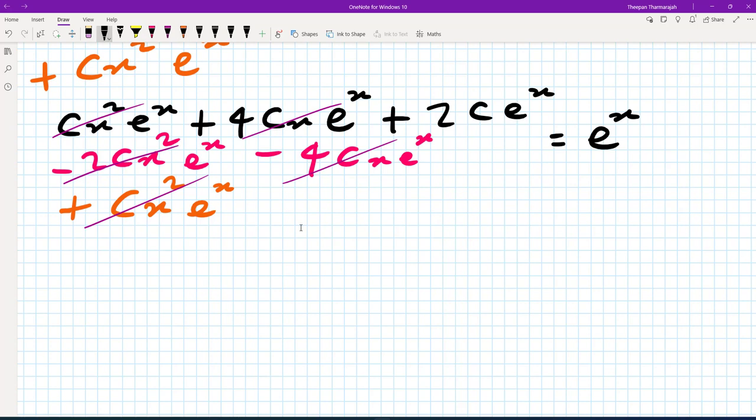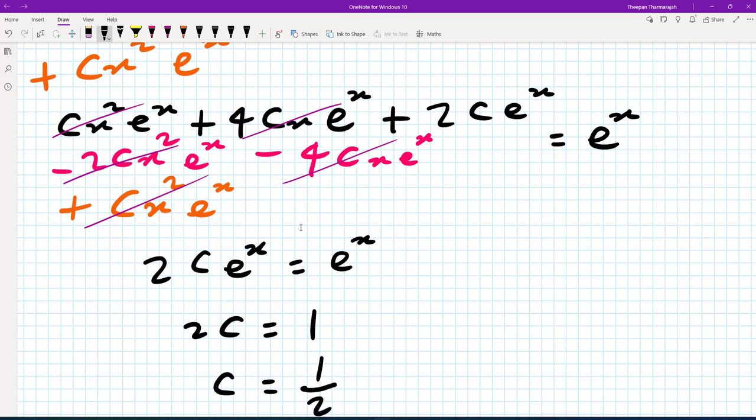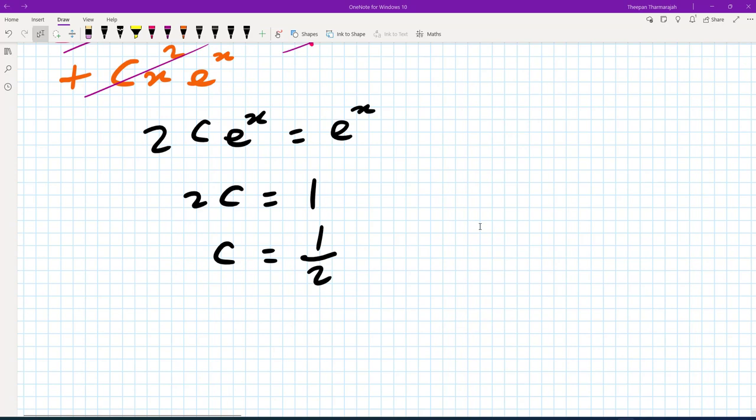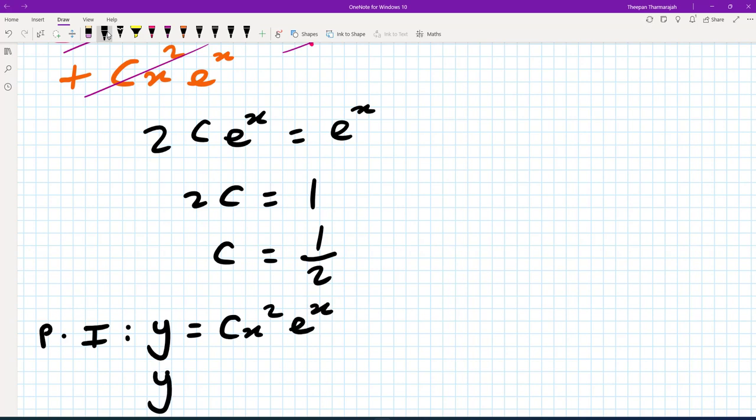So what we end up with is 2c e to the x is equal to e to the x. 2c equals 1, therefore c is going to be a half. So we could write our particular integral as y equals cx squared e to the x, meaning that our particular integral is a half x squared e to the x.